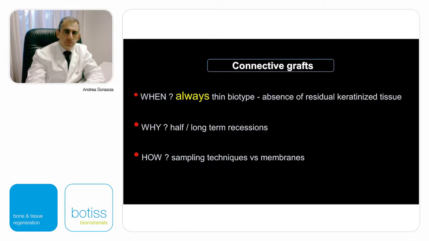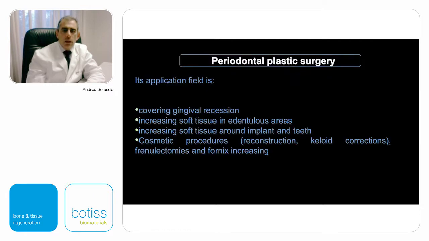When: always when we have a thin biotype, absence of residual keratinized tissue. Why: mid and long-term recessions, to avoid this. And how: sampling techniques versus membranes. It's extremely important in implant therapy to apply surgical procedures coming from periodontal surgery.